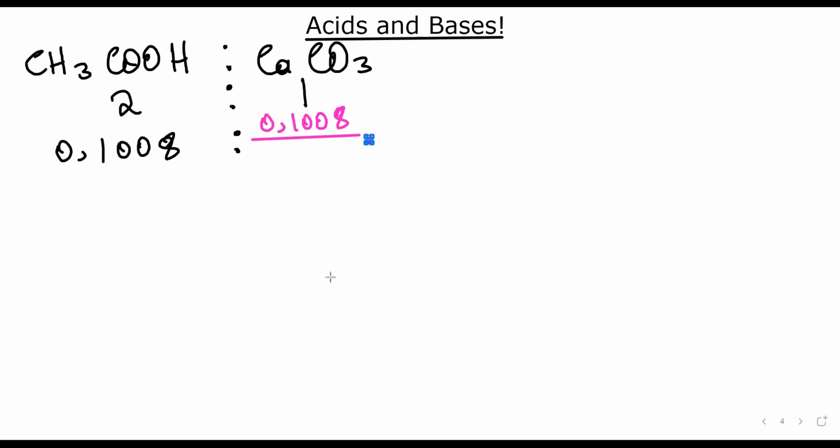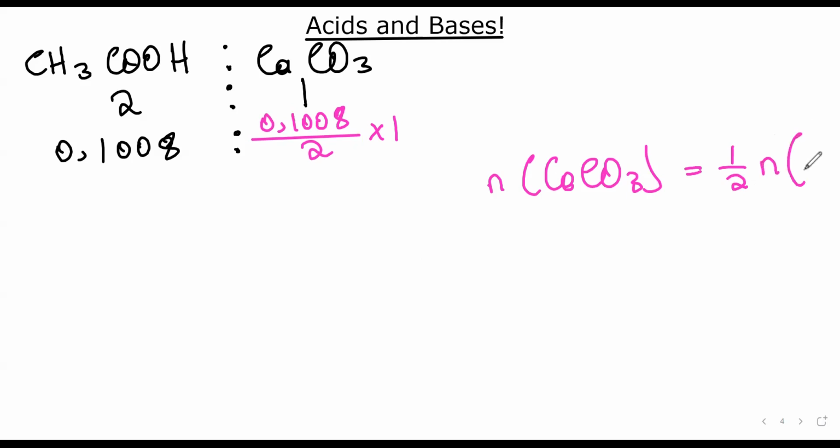You also don't need to write a ratio like this, honestly. You could have just said the number of moles of calcium carbonate is half the number of moles of acetic acid. It's still acceptable as well.